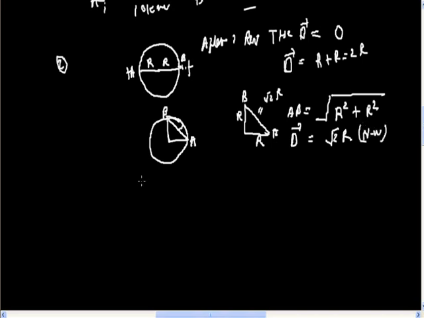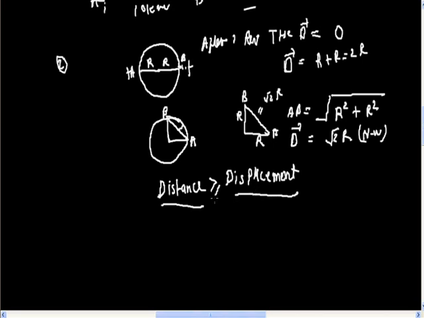Now there is a relation between distance and displacement. We can say distance is always greater than or equal to displacement. Why so? Because distance is always positive, displacement may be negative. When will distance and displacement be equal? When the object moves in a straight line, in a given direction.